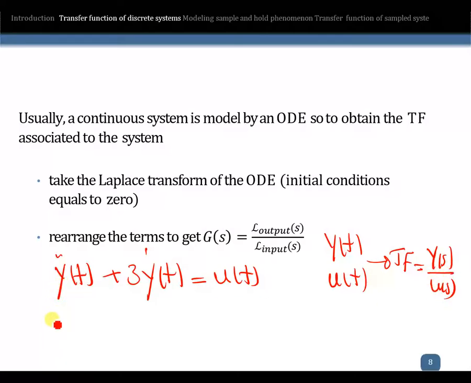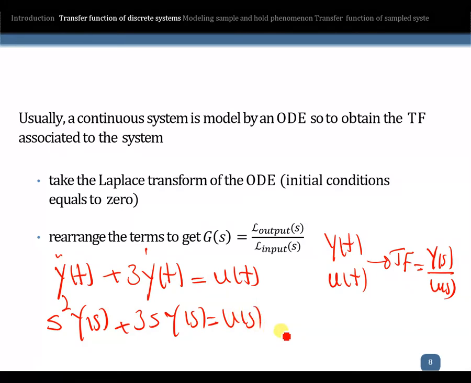You take the Laplace of this, and it becomes sY(s) plus 3Y(s) equal to U(s), and Y(s) divided by U(s) will be 1 over s plus 3.